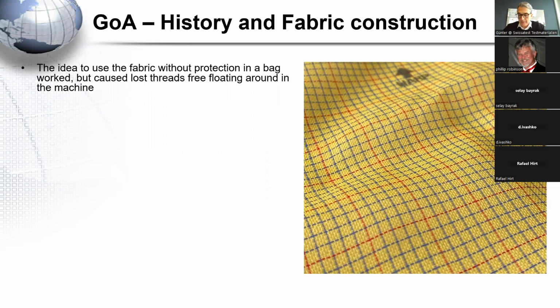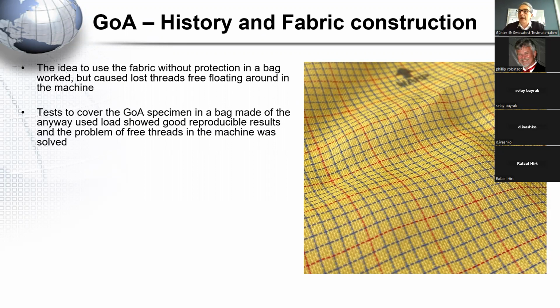So many tests were done to cover the GoA specimen in a bag, which is used anyway from the load, and this showed a good reproducibility inside the test. The problem of the free-floating threads inside the load was solved with this.